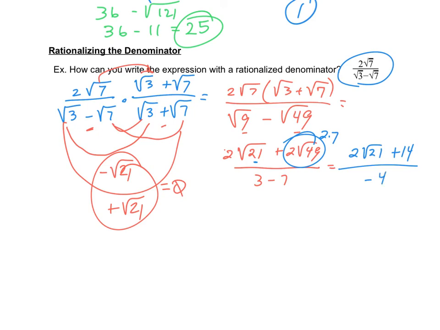We can simplify that to the square root of 21 plus 7 over negative 2, because these are equivalent expressions that simplify down. So I think we're done there. I think this is our final rationalized simplified expression.